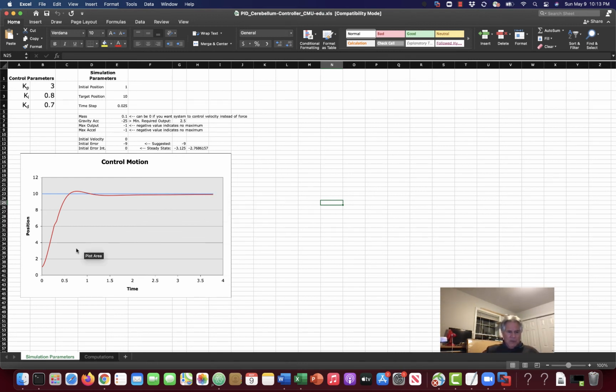And that's not a bad behavior right there. That's pretty good. Now you may have to be conservative. Maybe no overshoot is allowed because your system has hard stops or something like that. If that's the case, you'll design your system for that.